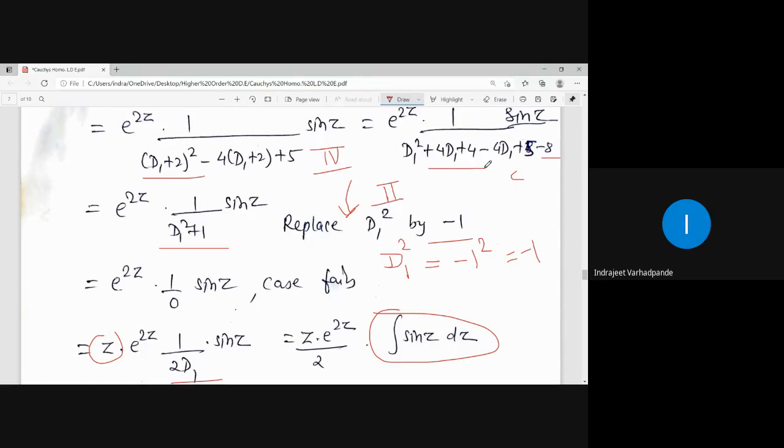So it will be z into e to the power 2z upon 2, integration of sin z dz. And what is the integration of sin z? Minus cos z. That will be the answer.